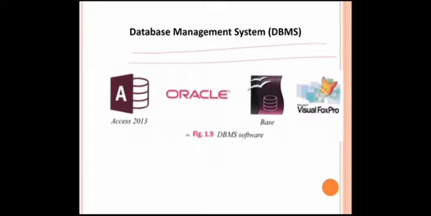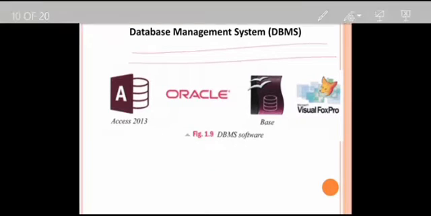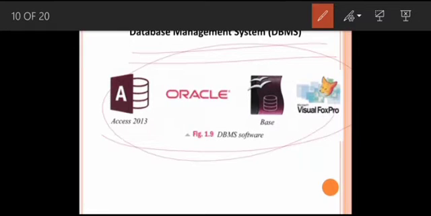For example, if I have written a name 5 times in my list, in Microsoft Excel I am not able to identify that I have made a mistake. But in Access or any other database management system software, they can quickly identify any duplicacy of data. So we use a database management system for proper storing of all the data in an organized manner.